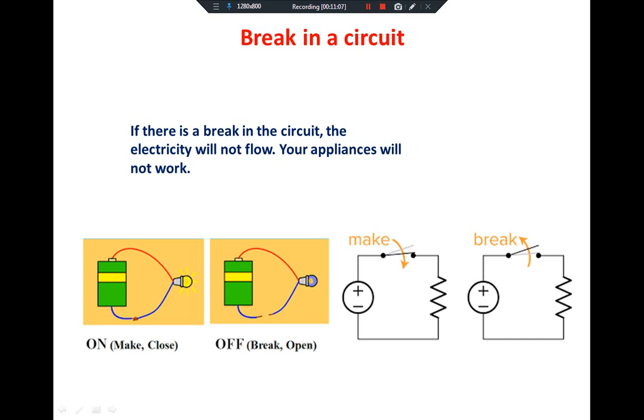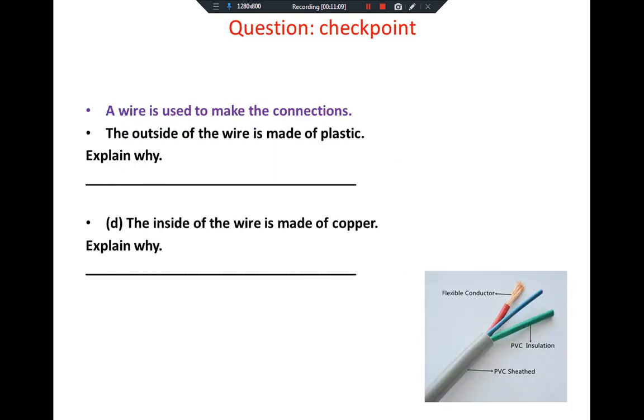So previously we said that conductors or cables or wires are made of plastic and copper, okay? So outside of it is plastic, inside of it is what? Copper.